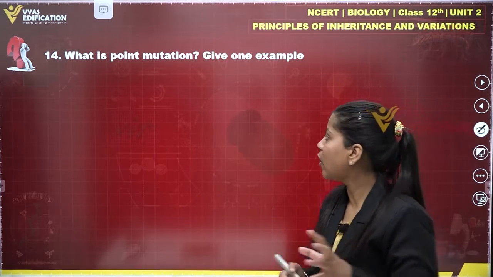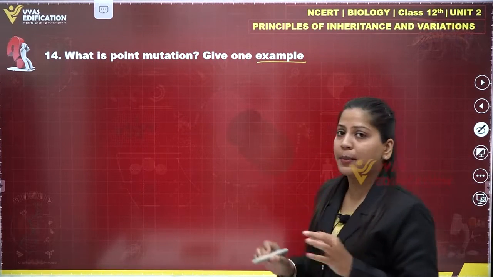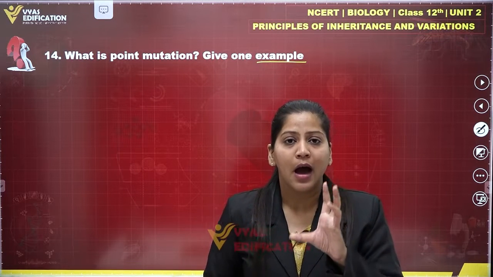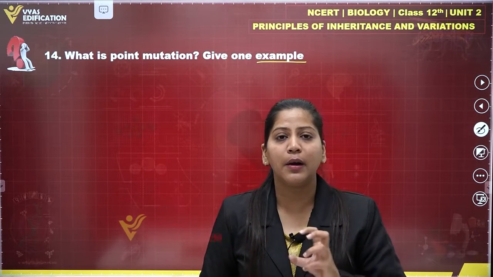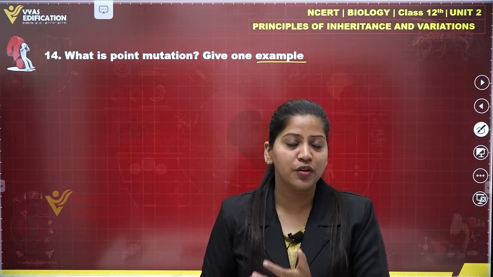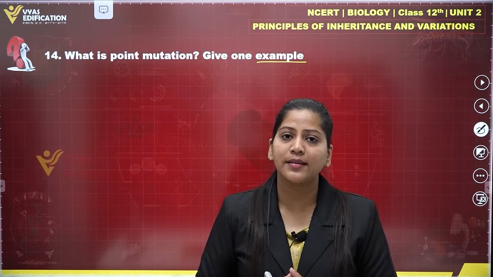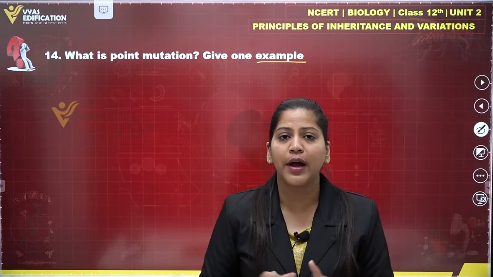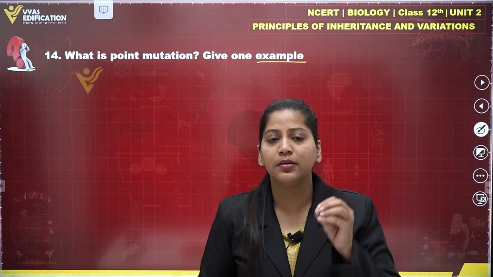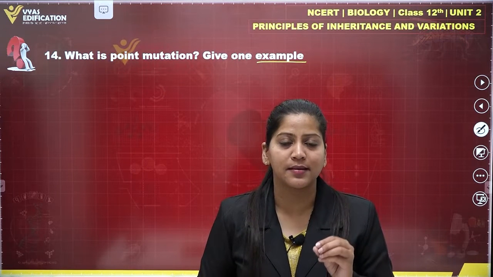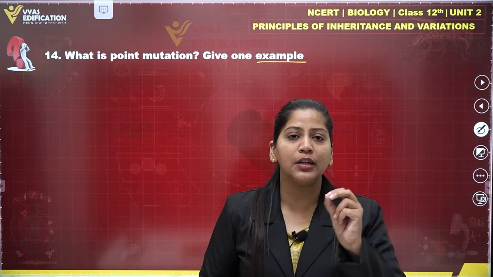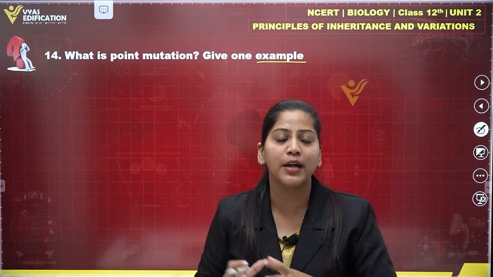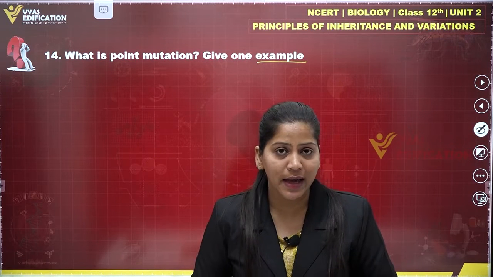If we talk about an example, we have sickle cell anemia. Our erythrocytes, our red blood cells, have a normal gene known as the HBB gene. The HBB gene has so many nucleotide bases. On the 17th nucleotide base, we have the codon GAG, which codes for the amino acid glutamic acid.